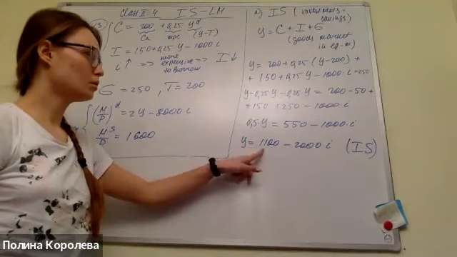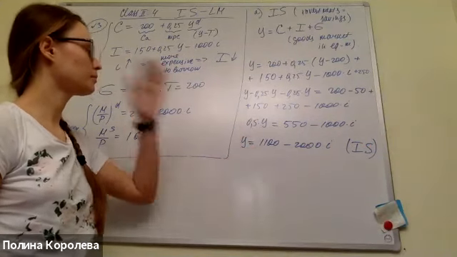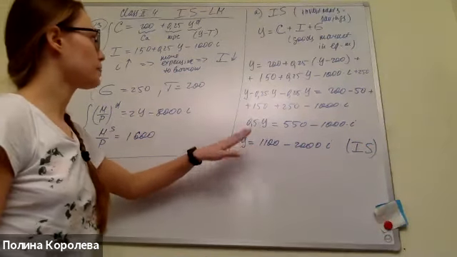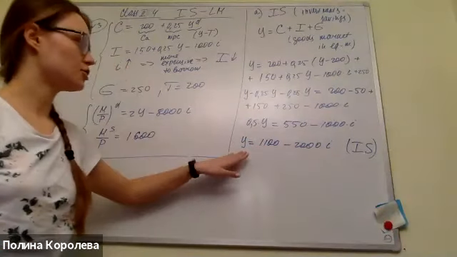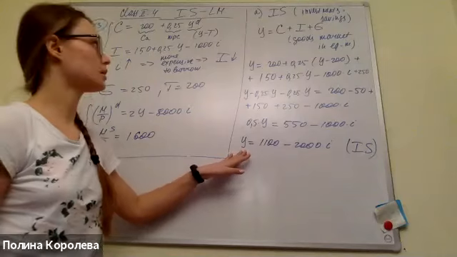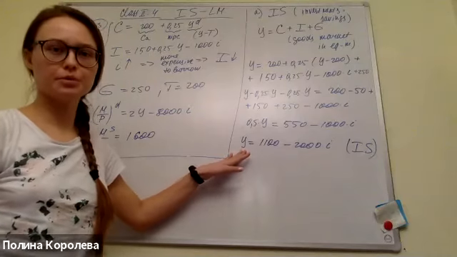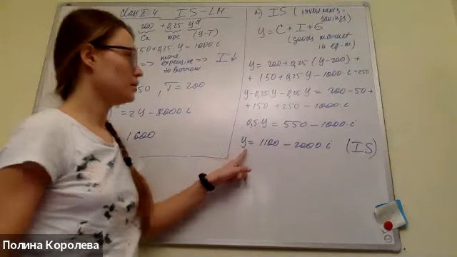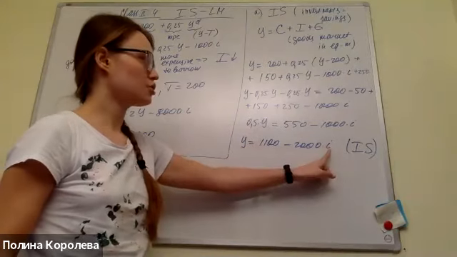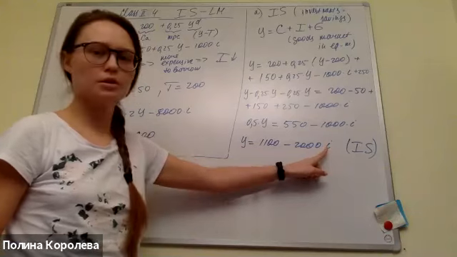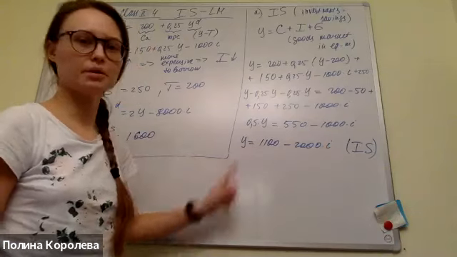These are all relations between interest rate and GDP such that the goods market is in equilibrium. This line will show us, for each interest rate in the economy, what will be the equilibrium GDP.